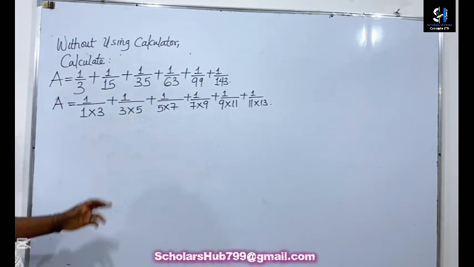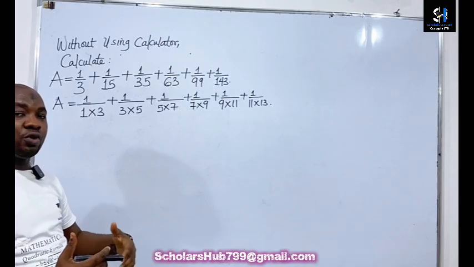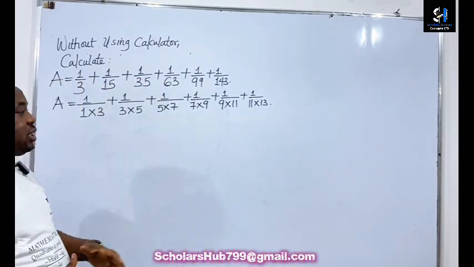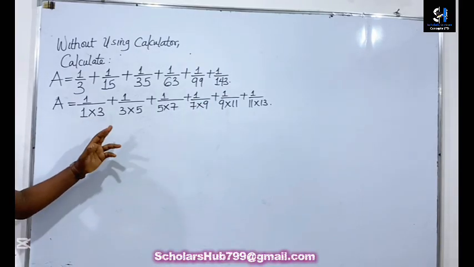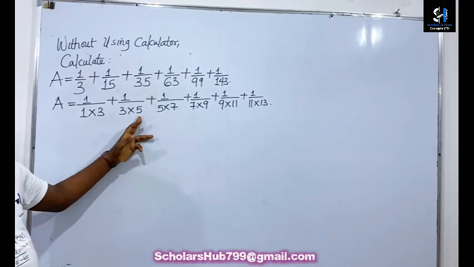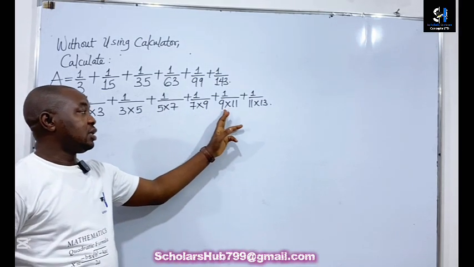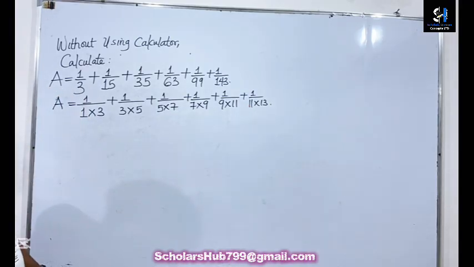So the denominator can be expressed as a product of two positive odd integers: 1 multiplied by 3, 3 multiplied by 5, 5 multiplied by 7, 7 multiplied by 9, 9 multiplied by 11, and 11 multiplied by 13.